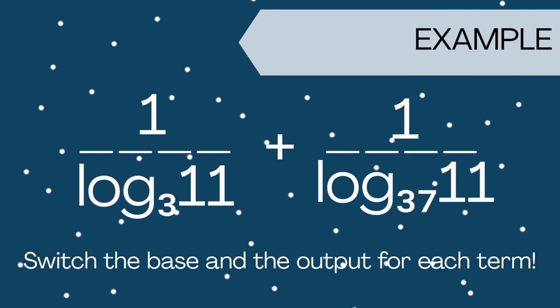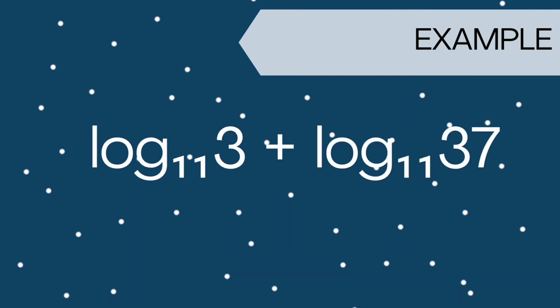So, we just need to switch the base and the output for each term in the problem. This leads us to getting the value logarithm of 3 base 11 plus logarithm of 37 base 11.